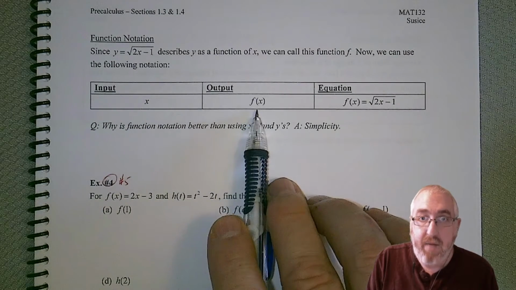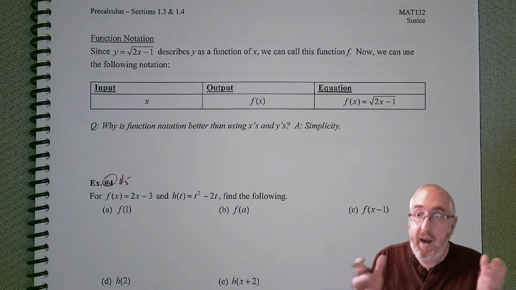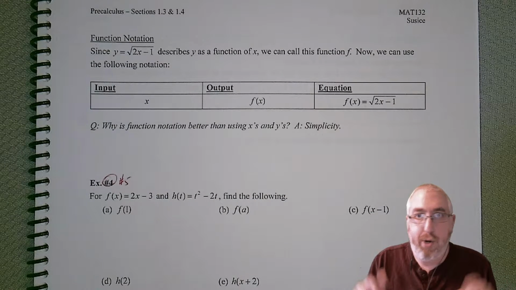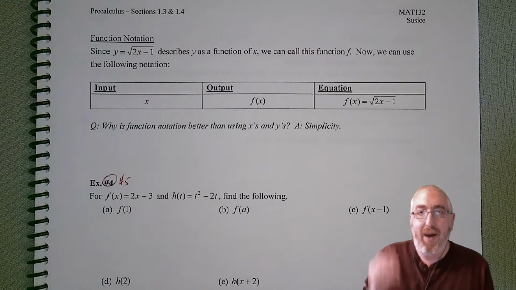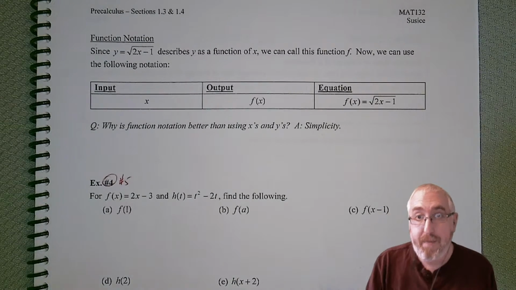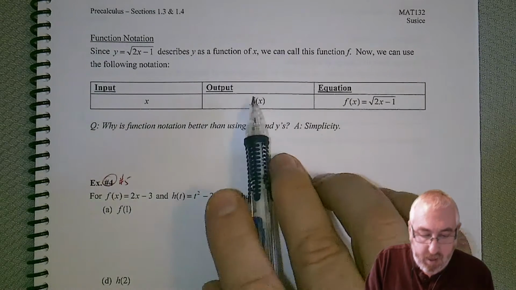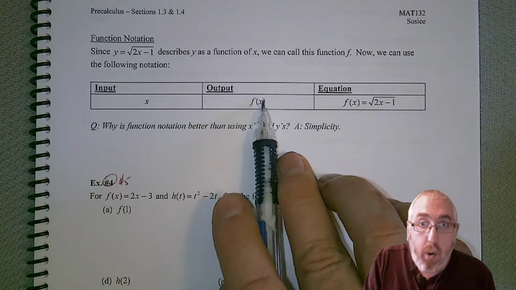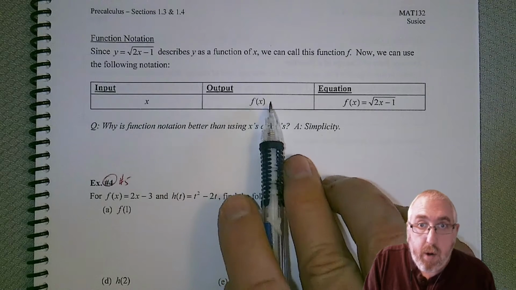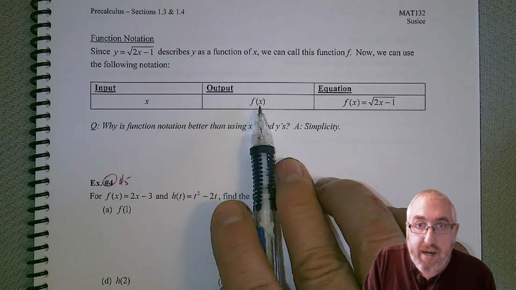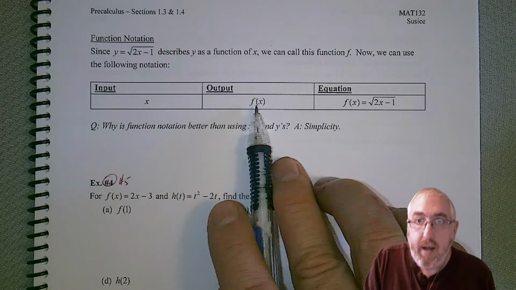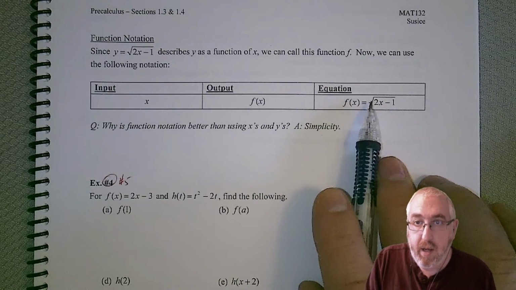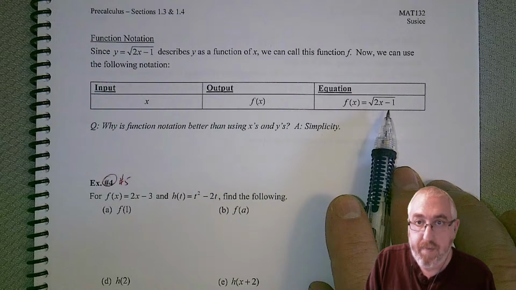And then what we get out of it should be predetermined by the equation, or if you want to consider it some sort of machine that will transform it, that's another way to think of it. So your input x is going to undergo a series of transformations dictated by f. And so what are those transformations? That would be this square root stuff.